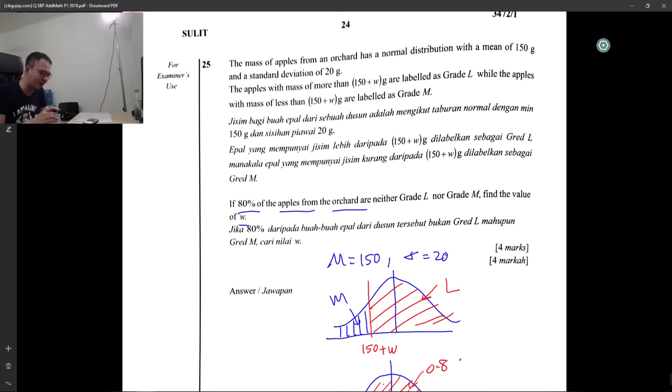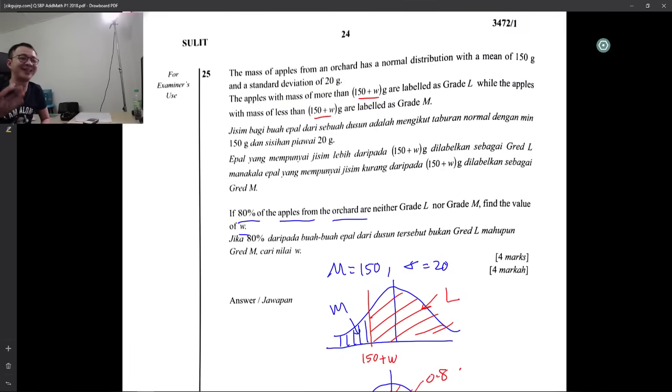So these two values cannot be the same. If both were 150 plus W, then it is not possible to get 80%. Therefore, to get the marking scheme answer, I modify it a little.